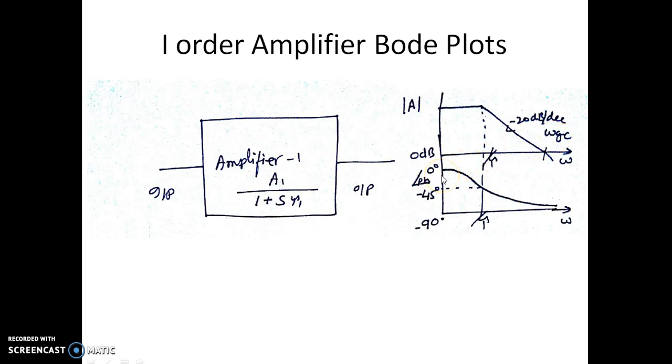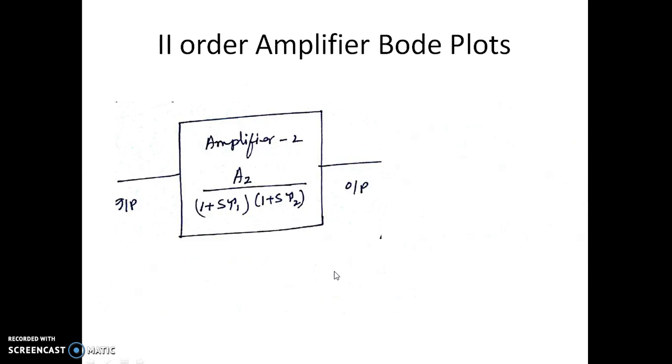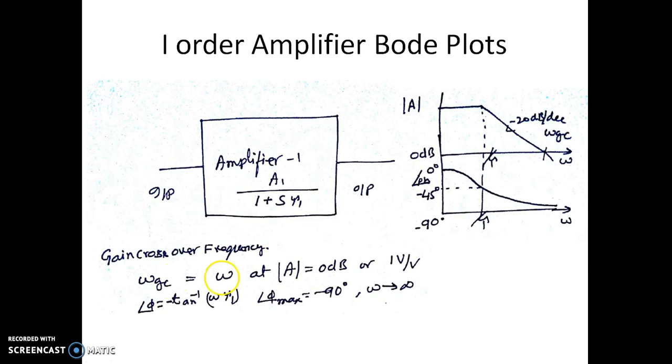And we see one more plot, which is the representation of the phase of this amplifier having a transfer function A1 by 1 plus S into tau 1, varying from 0 to minus 90 degrees, and its phase is minus 45 degrees at the 1 over tau 1 frequency. And we have a frequency omega GC, defined as the omega at which the magnitude becomes 0 dB, or magnitude is equal to 1 volt per volt, and the phase is given by minus tan inverse of omega tau 1.